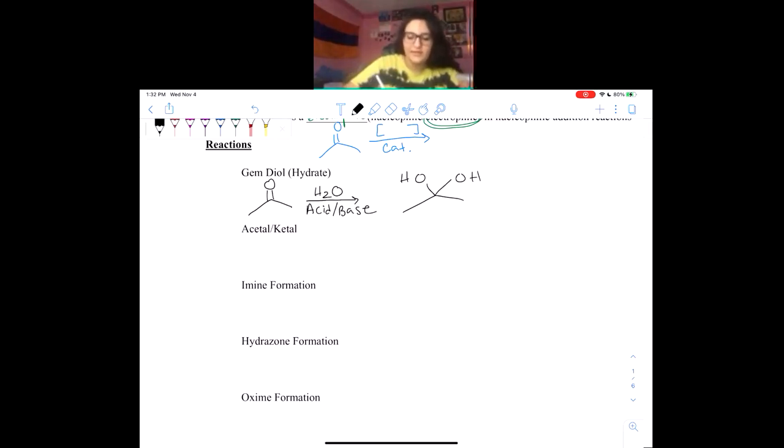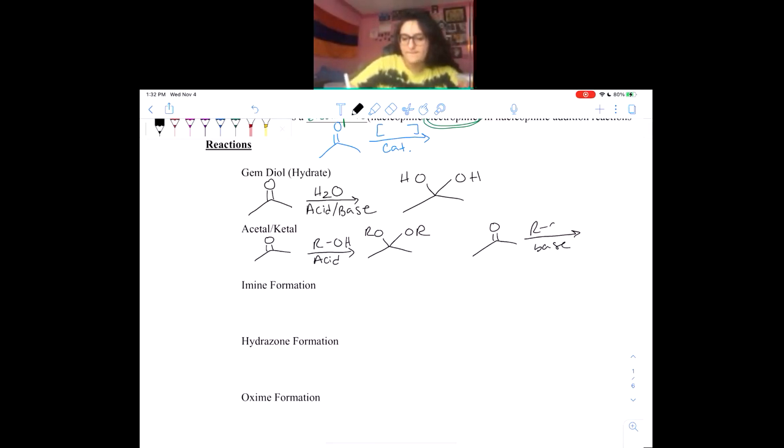The acetal ketol is this reaction. With acid, it goes to the final product. With base, it goes to the intermediate.